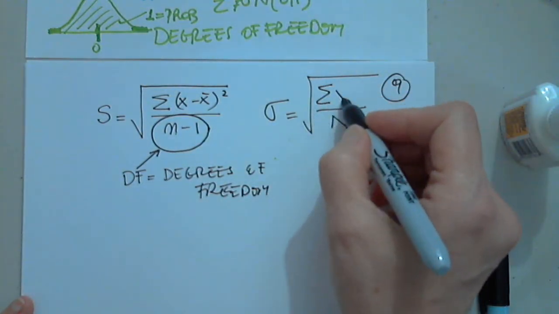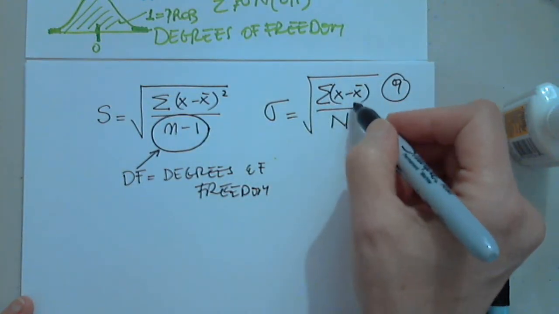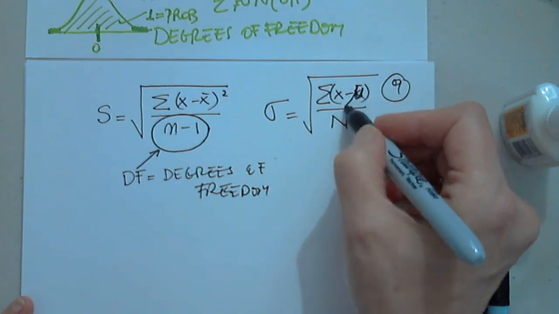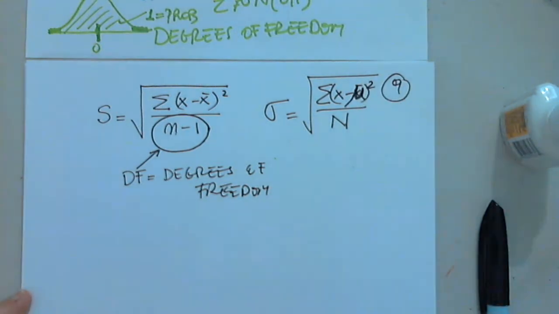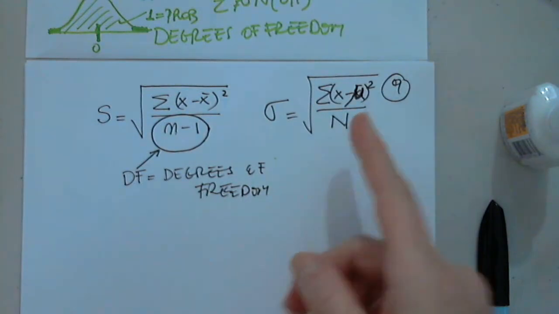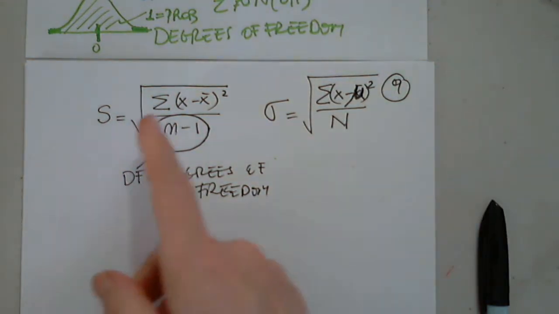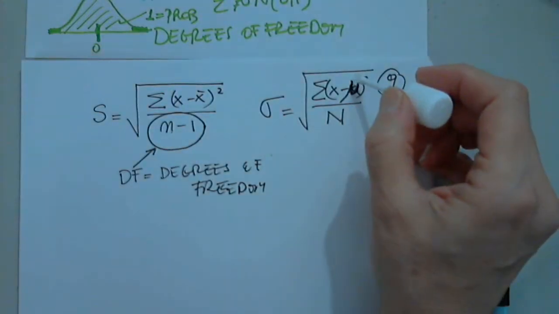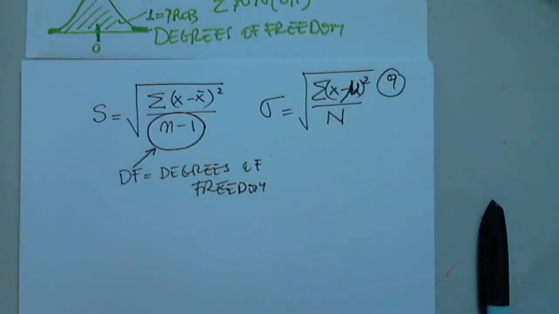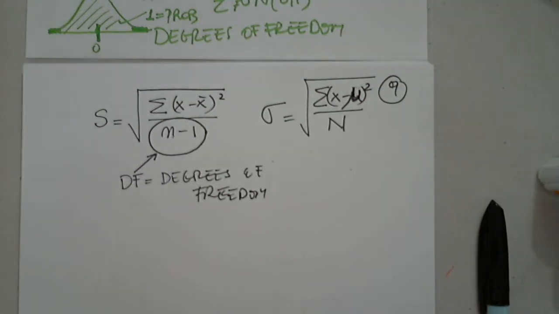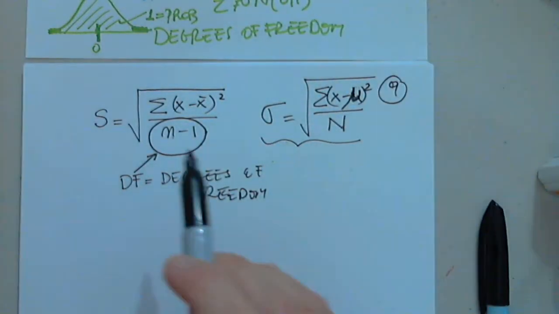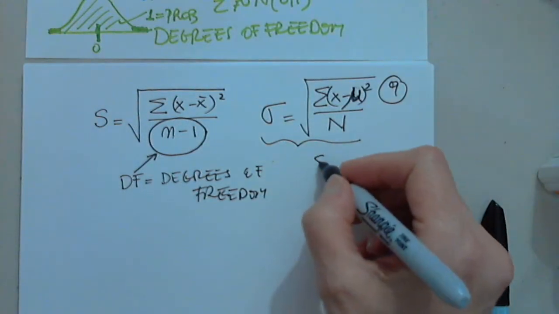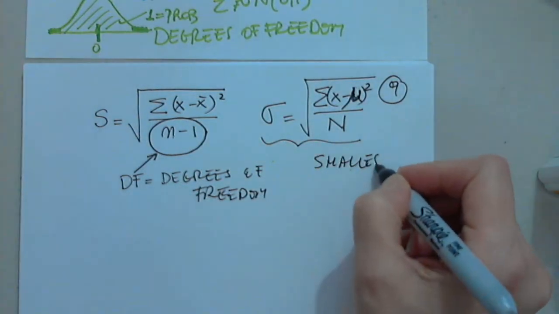So the numerator is the same thing. Of course, I have to use mu here. I have to be careful with notation. I don't want to confuse you. If I use sigma, I have to have mu and n. If I use s, I have to have x bar and lowercase n. We know that. Very easy to forget the notation. Okay, so of course, if you compare these two, this must be the smallest of the two.